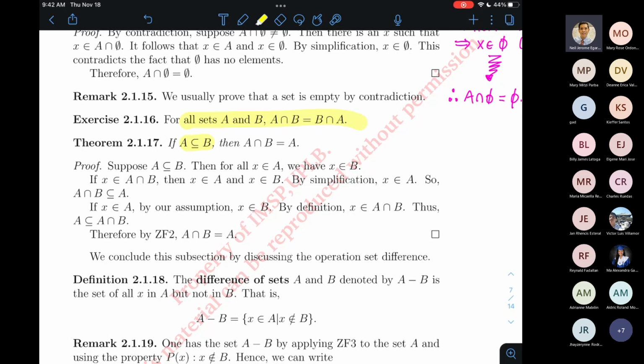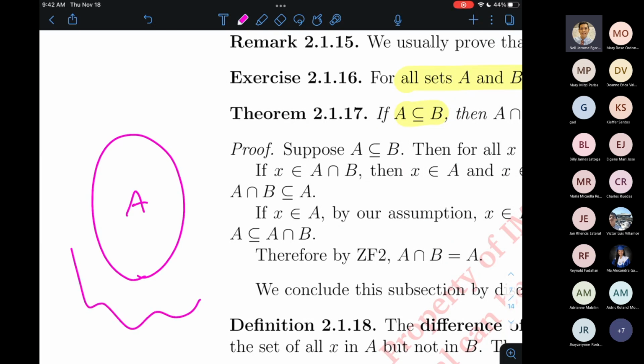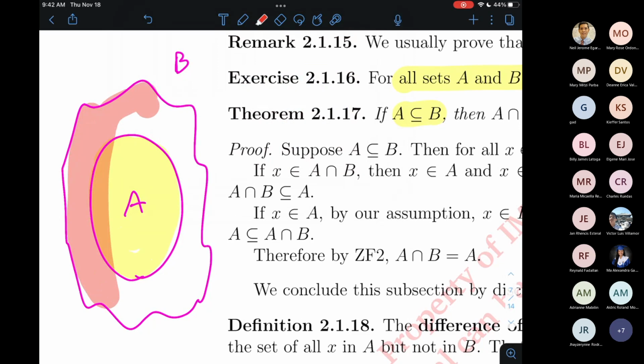Okay? And we can get an intuition about this by drawing a Venn diagram. Si A daw ay subset ni B. So, ibig sabihin si A, naninirahan siya sa loob ni B. Okay? Tapos, para maging element ng intersection, dapat pag kinulayan ko si A ng yellow, tapos kinulayan ko si B ng red, ang elements ng intersection ay nakulayan ko ng parehas na kulay.